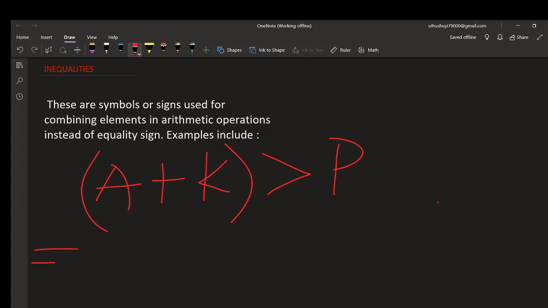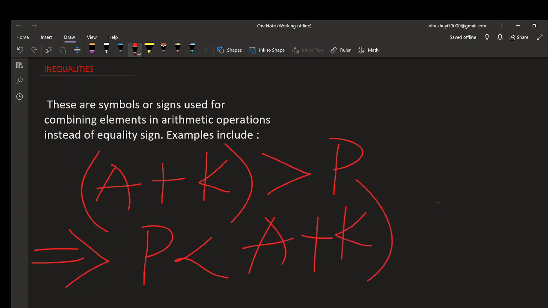You can rewrite this in another form: if a plus k is greater than p, that implies that p is less than a plus k. Are you getting this? So that's property one.